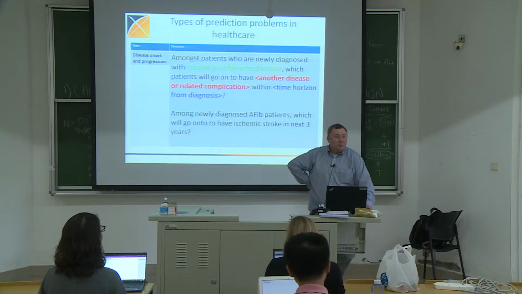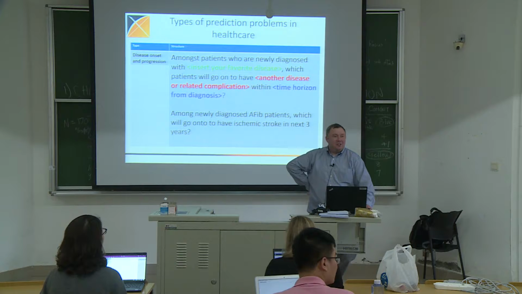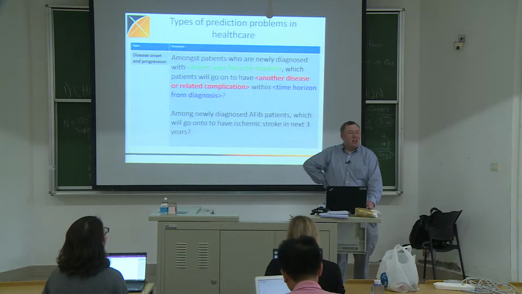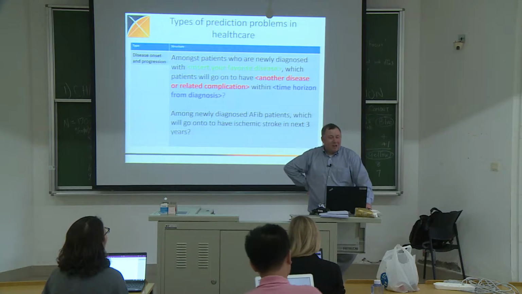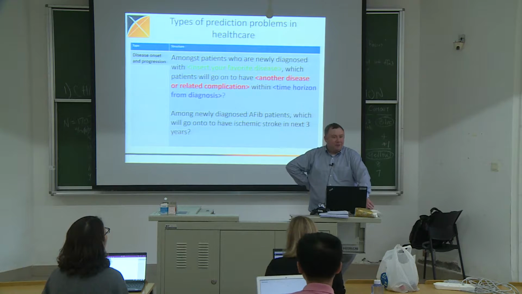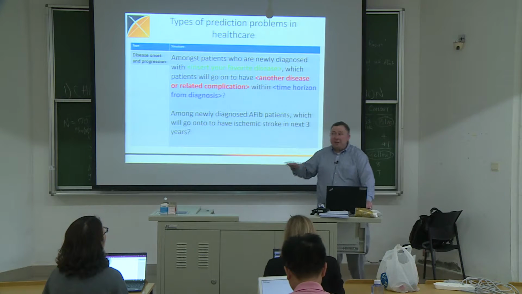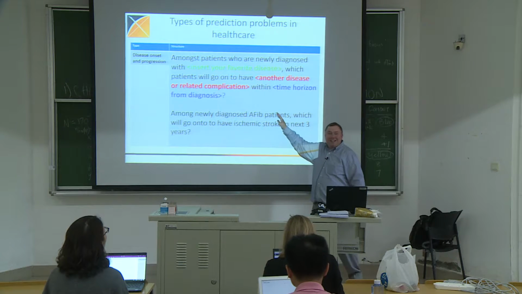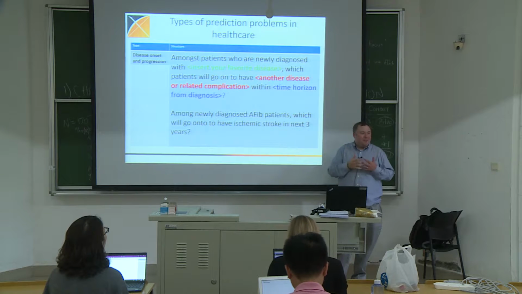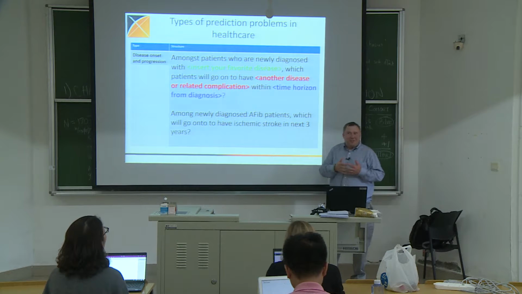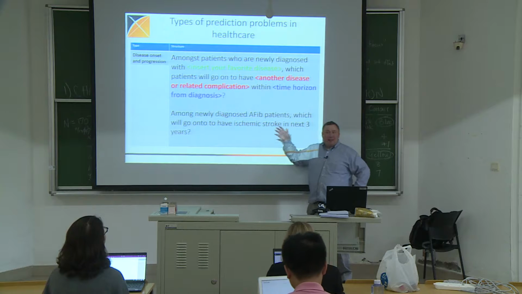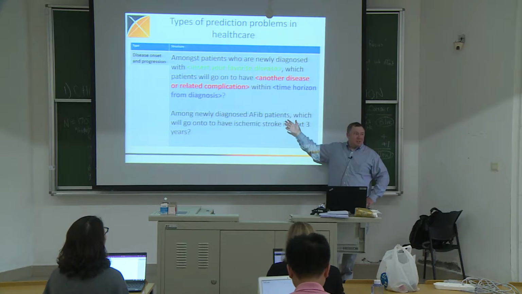Because for me, when I've had diseases, the biggest challenge has been not knowing what's going to happen in the future. If I could just know what's going to happen, it would help me decide what to do. And this prediction problem is really saying, at the time that something happens to me, what else is going to happen to me? And our data can actually support us getting quantitative answers to that question.